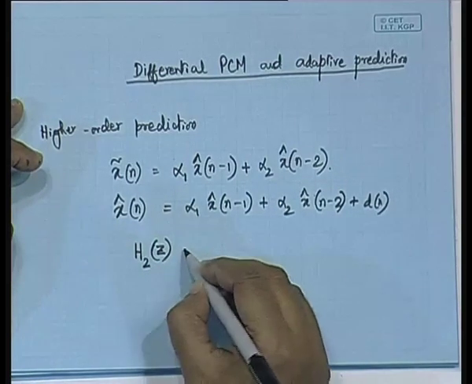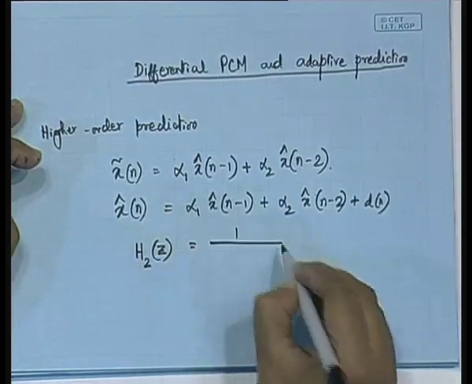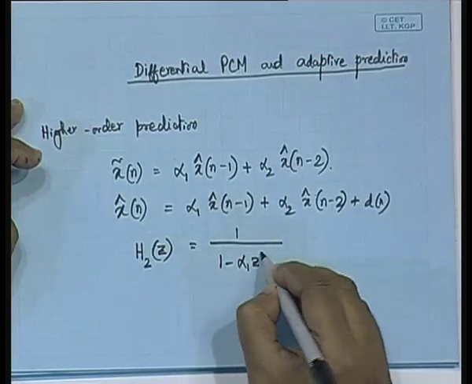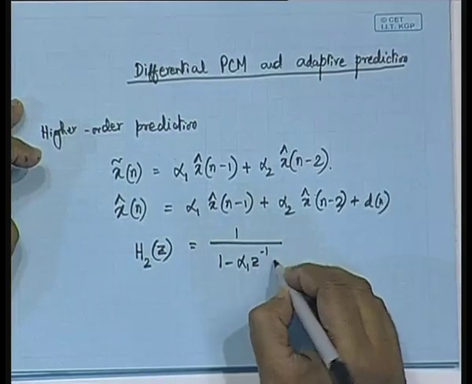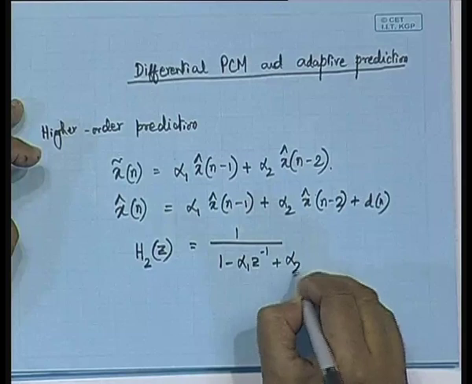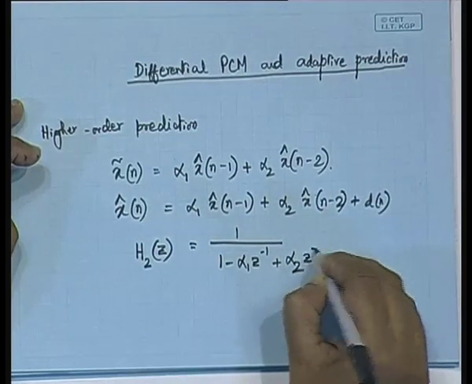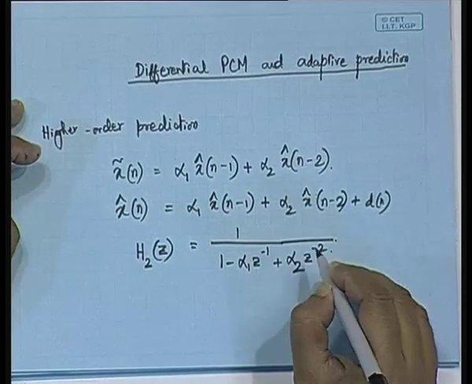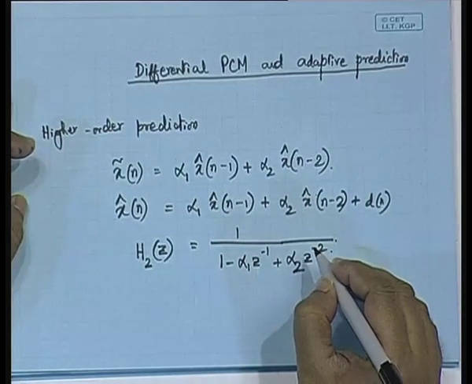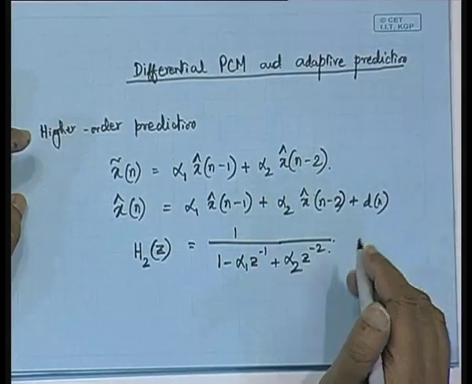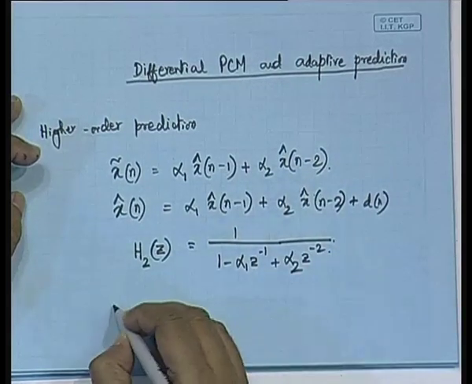So, h2 as a function of z can now be written as 1 minus alpha 1 into z to the power minus 1 plus alpha 2 into z to the power minus 2, okay.